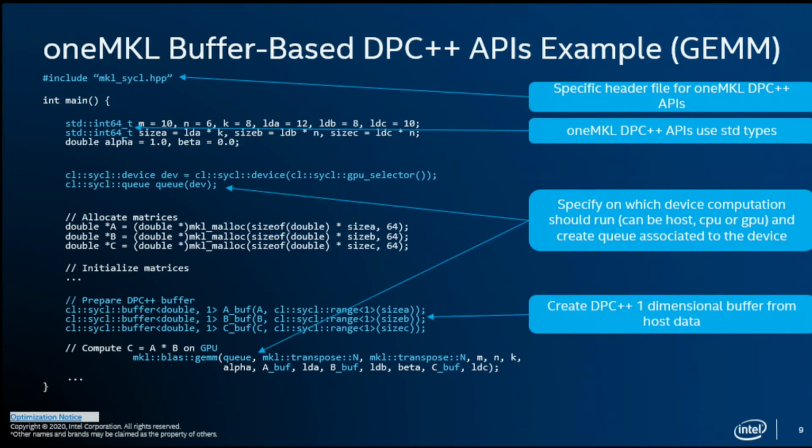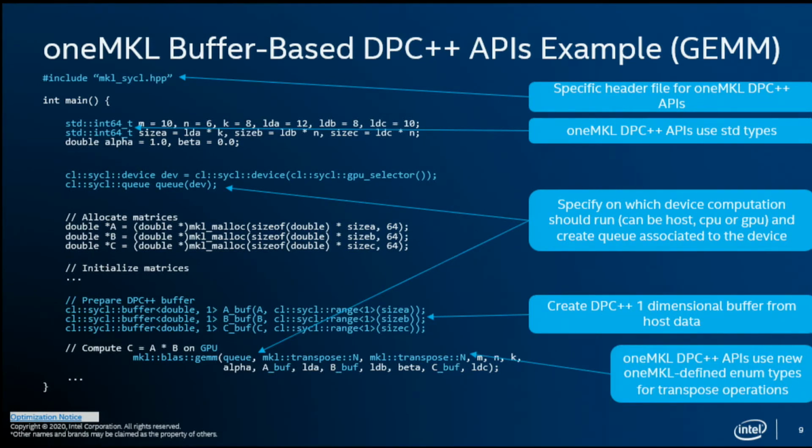Another change is creating the data parallel C++ one-dimensional buffer from, in the example we're showing, host data, but you can also initialize it on the GPU itself, just to keep it more consistent with the C example we showed. And then you can see the function call. It had been cblas_dgemm. Now it is in the MKL namespace, and within the MKL namespace are different namespaces for the domains.